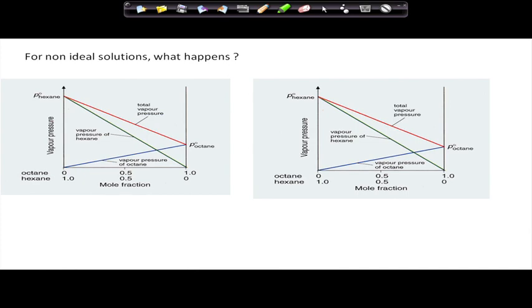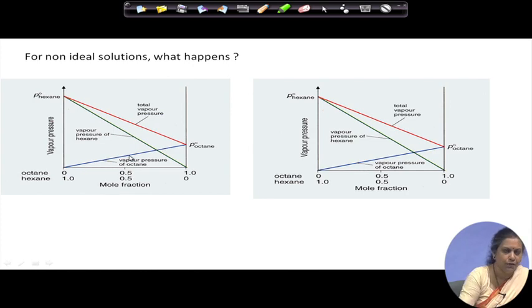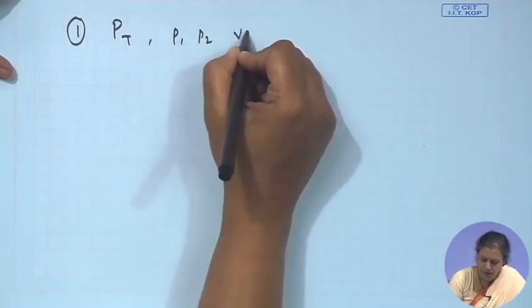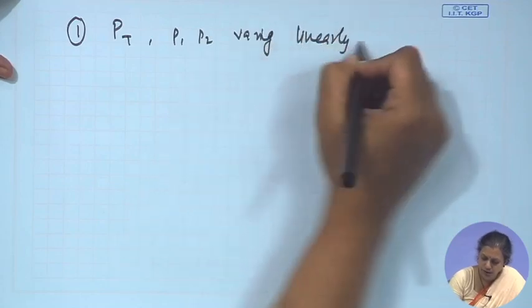We have found that for ideal solutions, the partial pressure and the total pressure vary linearly with mole fraction. We found 3 features of ideal solution. First feature is that partial pressure and total pressures vary linearly with mole fraction.